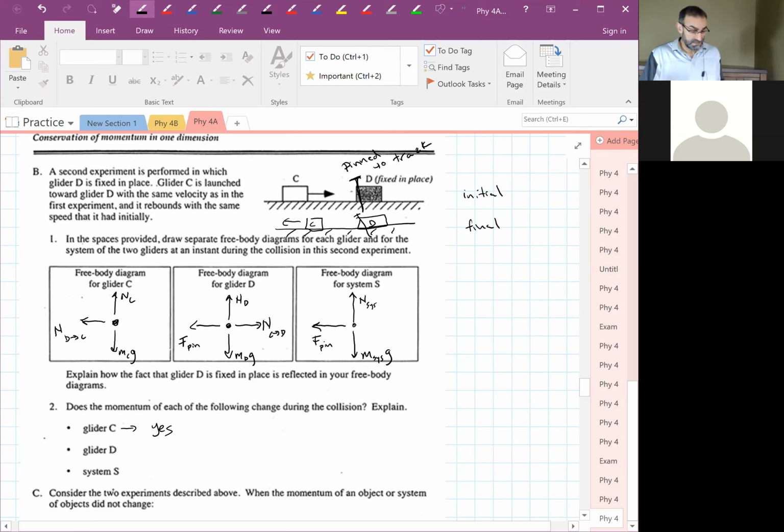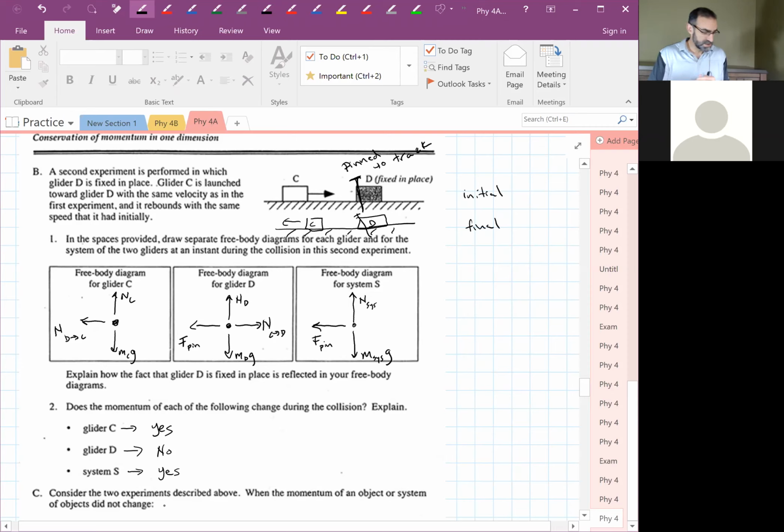Yes. How about D? No. It's sitting there at rest before, it's sitting there at rest afterwards, it does not change. How about the system's momentum? Yes, because the system is C plus D together. So the system had the momentum of C initially, and at the end, the system has the momentum of C because D doesn't have momentum in either case.